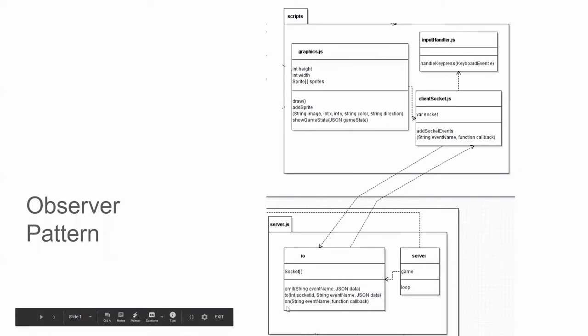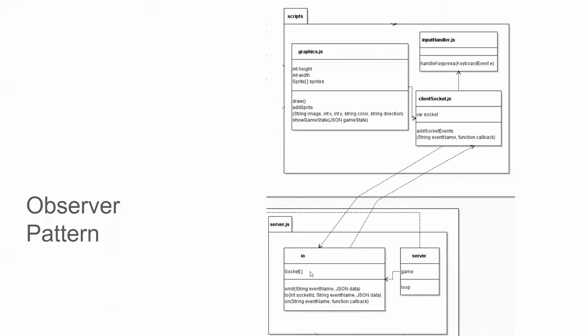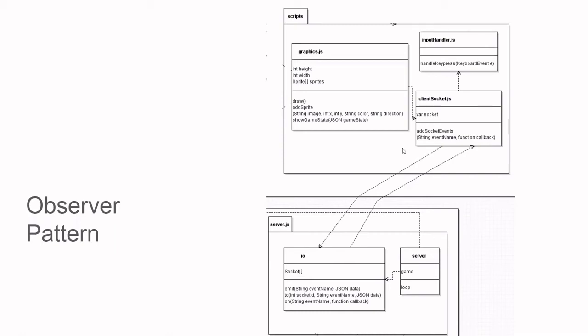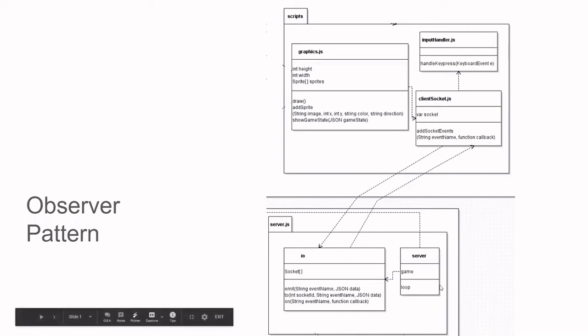And then we're able to add specific string event names and functions to each of those sockets. So when we create a new socket, we give it some specific functionality to the game and then hand it over to the client. We're also able to, as the game does stuff, emit specific event names to the client with some piece of JSON data. So in this case, the game state.